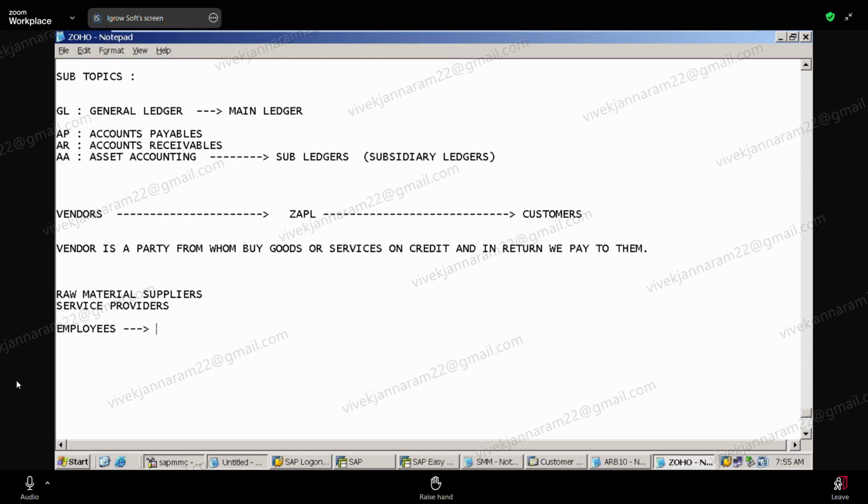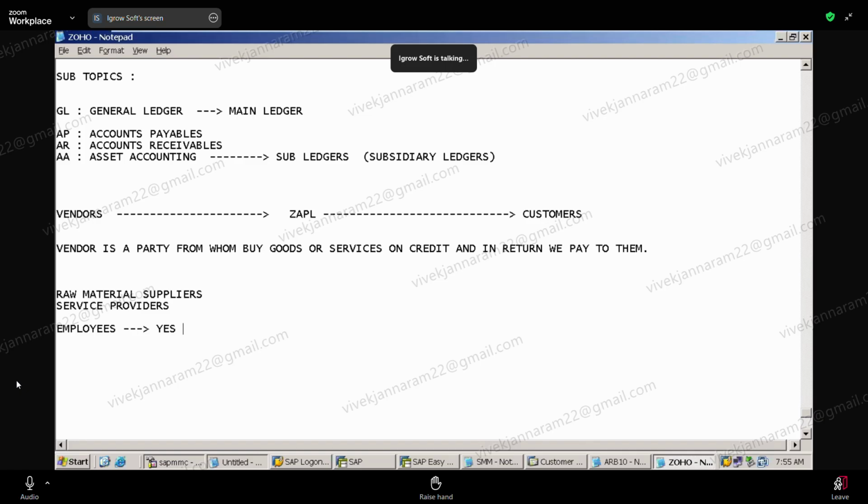Finance wise, guys, all employees are also vendors for the company. If you see an accountant working in the company, his name also will be there in the vendors list, and he will pay salary to himself. Somebody should pay salary to him, but who will pay? He will pay to himself.